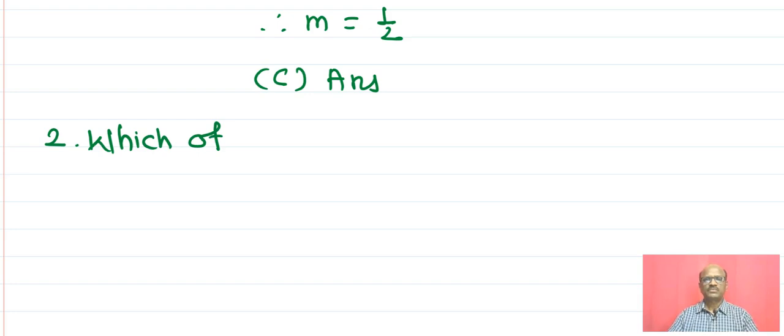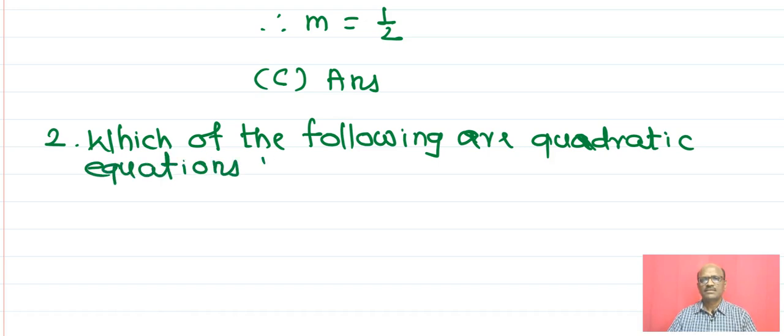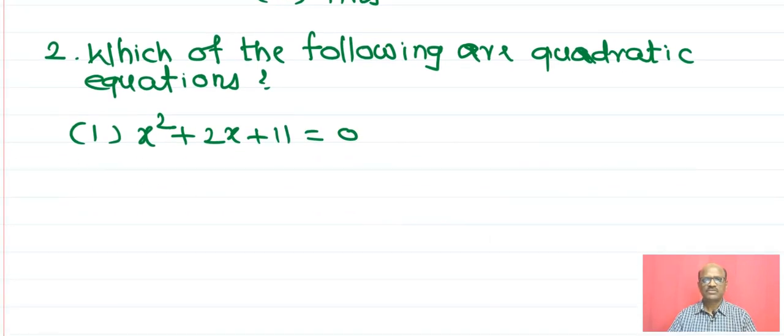Question number 2. Which of the following are quadratic equations? First, x square plus 2x plus 11 equals to 0.